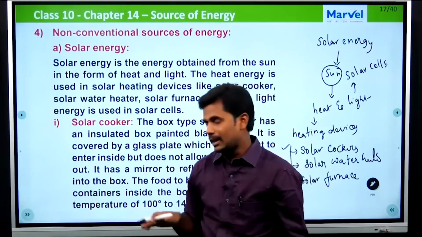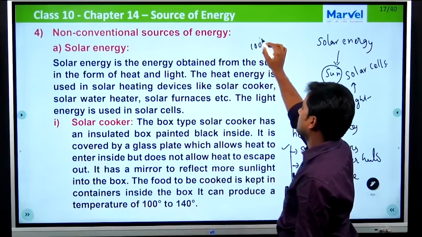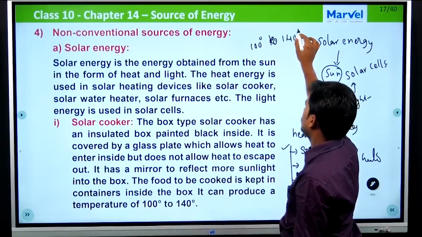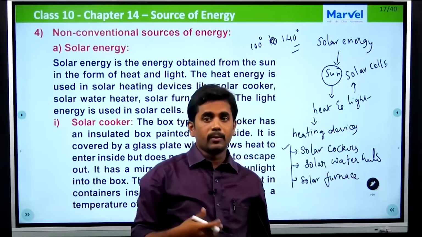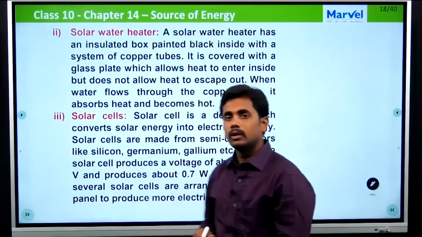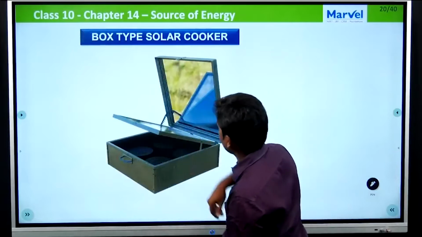It can produce a temperature of approximately 100 degrees centigrade to 140 degrees centigrade. Let me explain a simple cooker here. It is black coated everywhere.